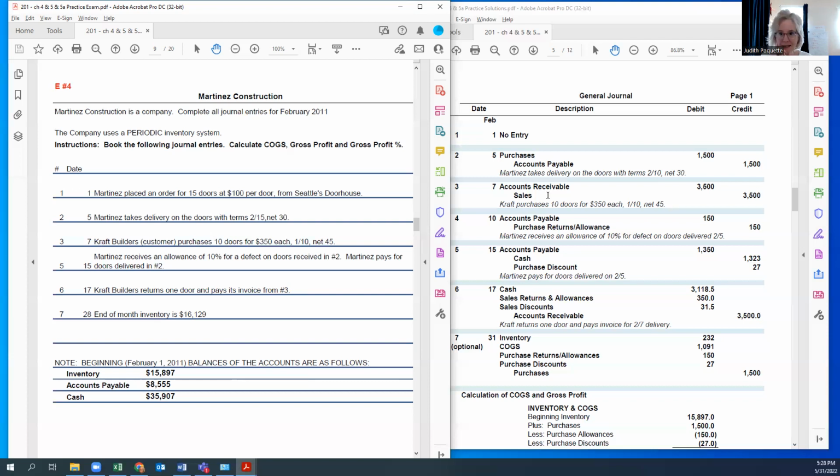We could also say, Shira, Seattle's Door House ships the order to Martinez, FOB shipping point. If you saw that language, you would also make this journal entry.